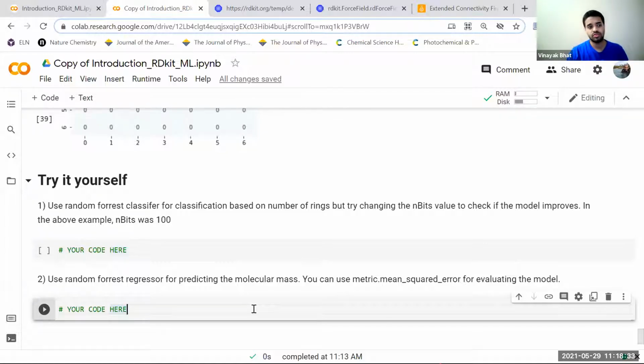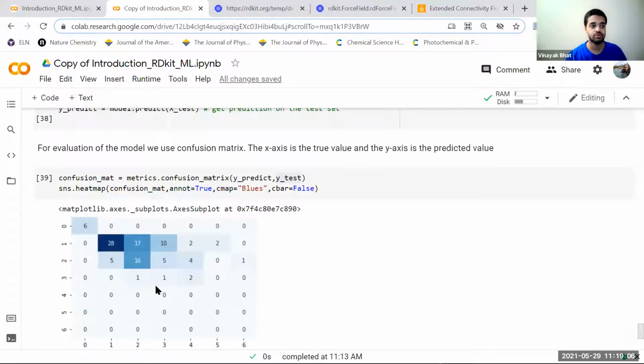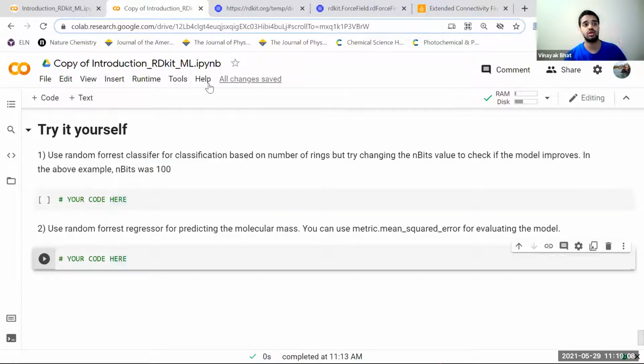So you can try it out there too, but you can just give it a try here. And if you have any questions, do let me know. So do you have any questions on the RDKit thing?